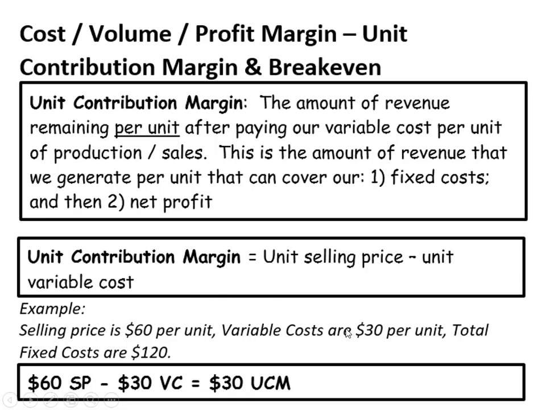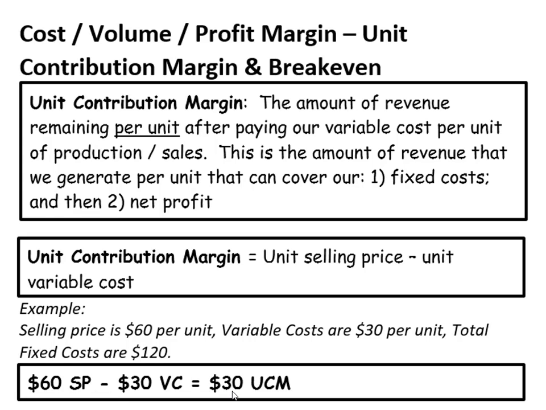Now let's take a look at an example of that formula. The selling price per unit is $60 a unit. We have variable costs that are $30 a unit, and our company has total fixed cost of $120. So now let's calculate the unit contribution margin. $60 selling price minus the $30 variable cost equals a $30 unit contribution margin.